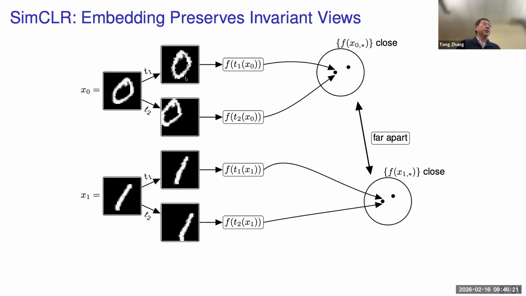But then you have different views. Now you map them to your encoder. This transformed image is mapped to my encoder, and here this should be close. This is a different image; here we just write it as 1, but it could be another 0 even. So it's just a different image. You have two transformations, and these two should map to similar representations.